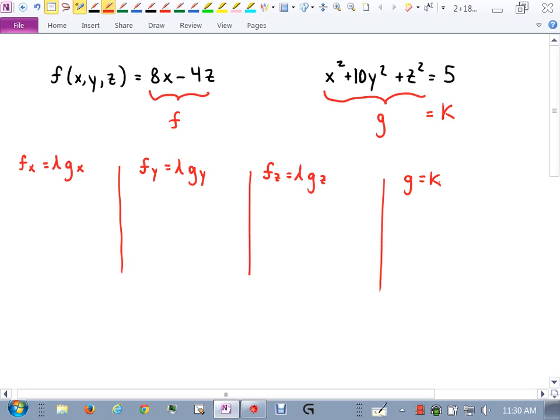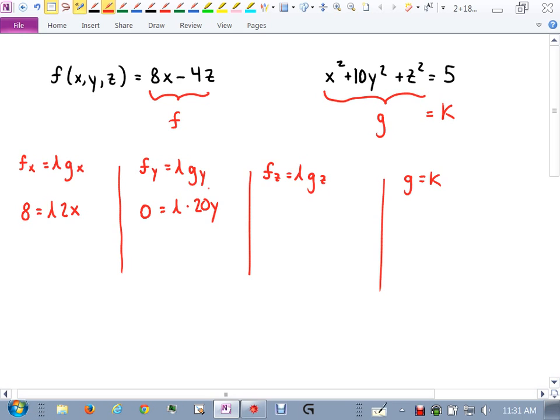This first example I think is going to work out real nice. What is the partial of f with respect to x? 8 equals lambda times, what's the partial of g with respect to x? 2x. So we have lambda 2x. And then the partial of f with respect to y is 0 equals lambda times the partial of g with respect to y, 20y.